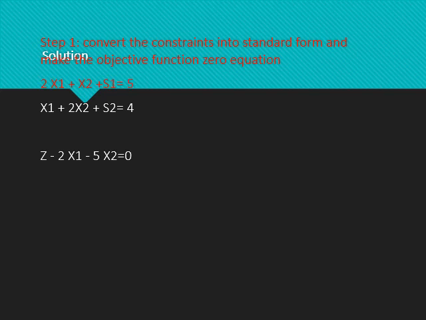The new form of the constraints is 2x1 plus x2 plus s1 equal 5 and x1 plus 2x2 plus s2 equal 4. The objective function will be z minus 2x1 minus 5x2 equal 0.